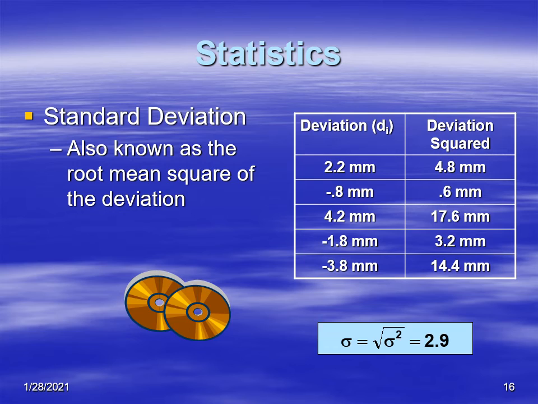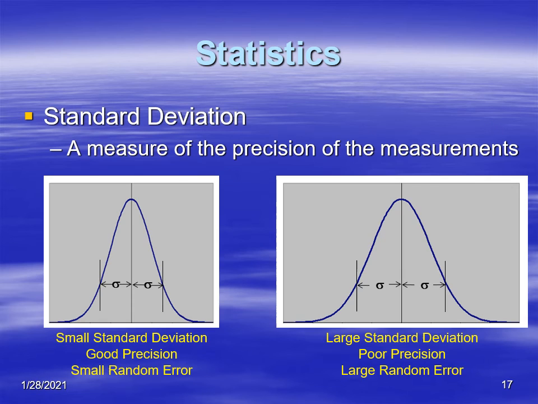And looking at the deviations in the left-hand column, you can see they vary from 4.2 all the way down to minus 3.8. So after we square those, take positive, add them up, and divide them by the number, that gives us a standard deviation of about 2.9 millimeters.